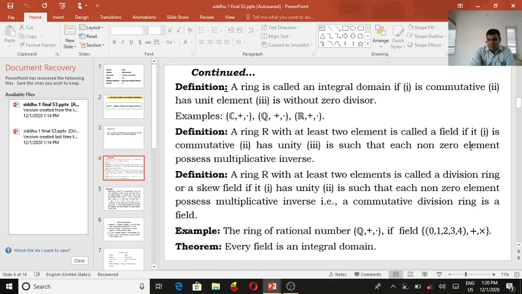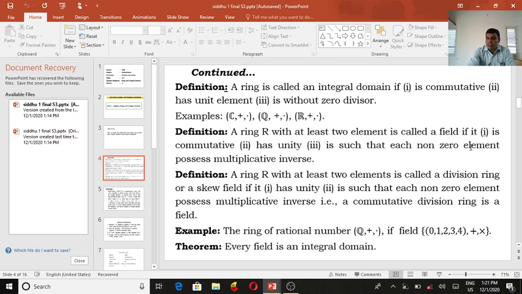In Q, 2 is there, and 1 by 2 is there; 2 into 1 by 2 equals 1. Similarly 3 is there, and 1 by 3 is there. Each non-zero element possesses a multiplicative inverse. Likewise 4 is there, and 1 by 4 is there; 4 into 1 by 4 equals 1.